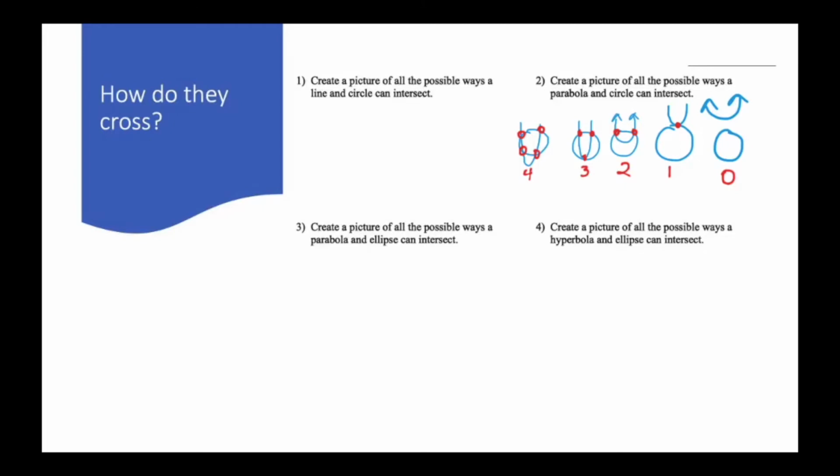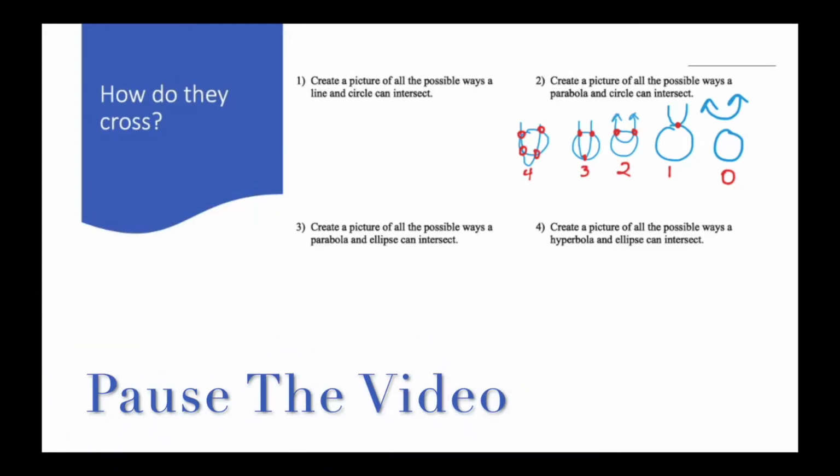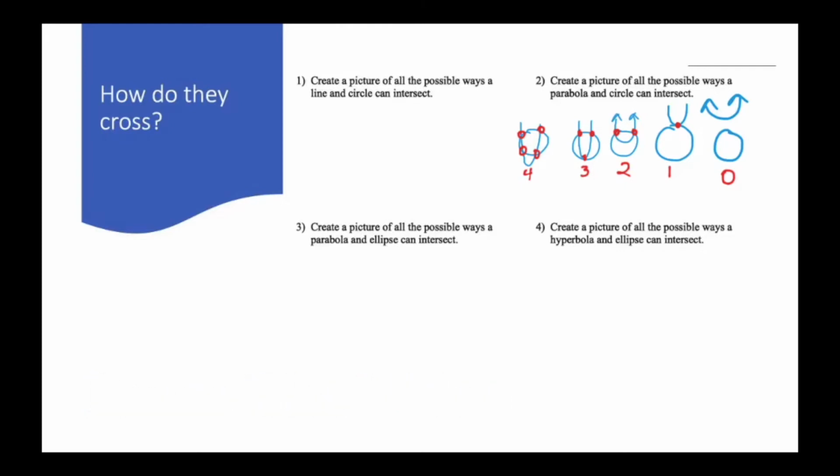Number 3 says that we're going to create a picture of all the possible ways a parabola and an ellipse can intersect. So I want you to pause this video now and see if you can draw some possibilities of the way parabolas and ellipses intersect. Come back and check what I've done. This is what I've done. I have some possibilities.